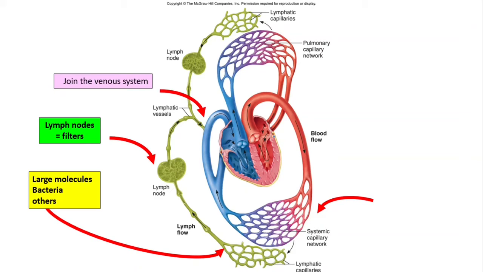So it starts as blind-ended vessels between cells. They are picked up by vessels. These vessels empty into lymph nodes. Lymph nodes will filter the contents, and then the whole thing is going to end in the venous system.